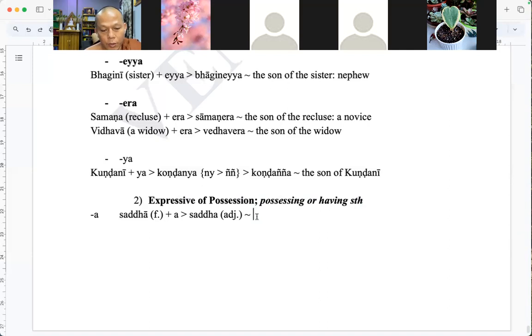So that is why they are literally possessing. Maybe sada means faith. So possessing faith, or maybe having faith. So that is very literal.